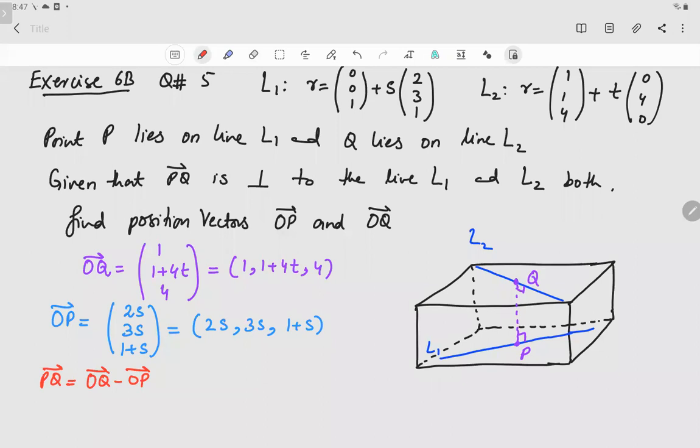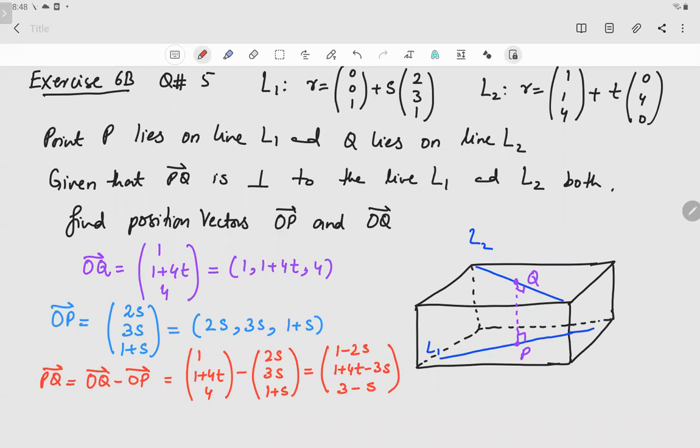So OQ minus OP, (1 plus 4t, 4, 4) minus (2s, 3s, 1 plus s), is equal to (1 minus 2s, 1 plus 4t minus 3s, 3 minus s). Okay, this is PQ.